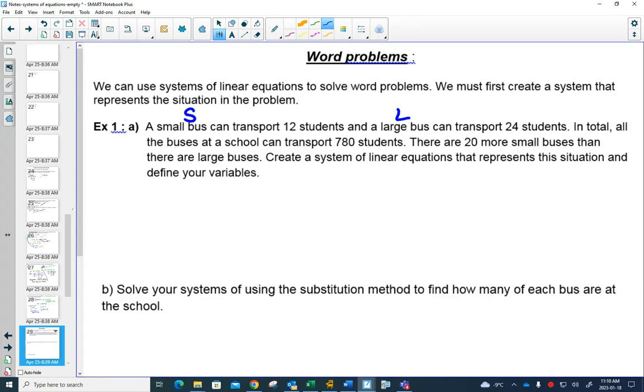All the buses at school can transport 780 students. So with that, I know that 780 would equal, well, every small bus does 12, so I could do 12 times S, and every large bus does 24.